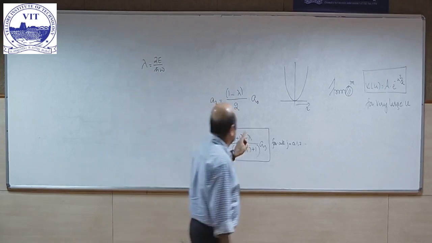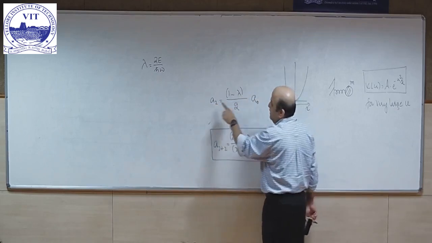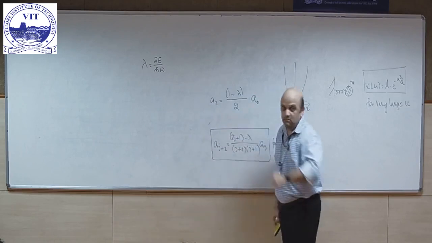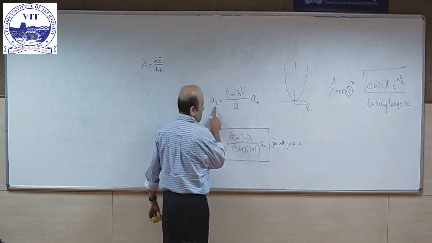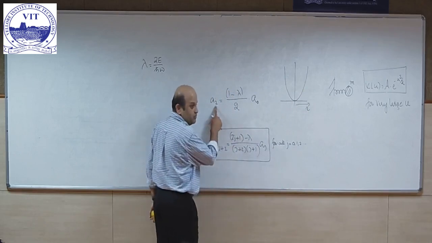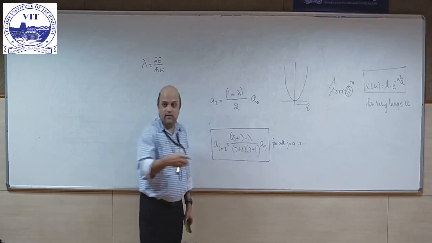So if you are given the value of A0, you can immediately calculate the higher even numbers. Once you calculate A2, which corresponds to j equal to 2, you can calculate A4, then A6, like that.